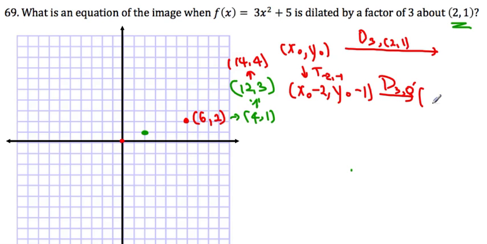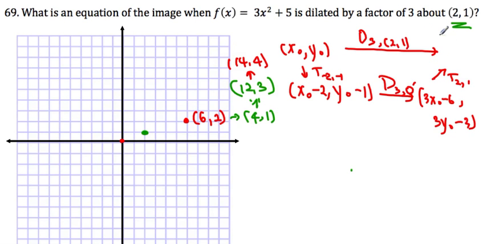Then this will now be equal to (3x naught minus 6, 3y naught minus 3). But after that we have to read it from the actual origin, so we're going to translate that back onto (2, 1). Then what we end up getting is the final answer.